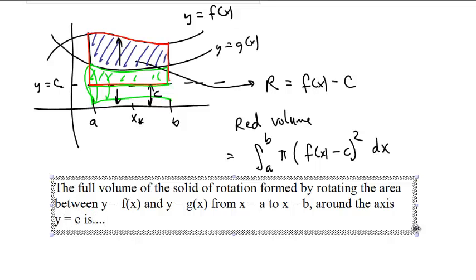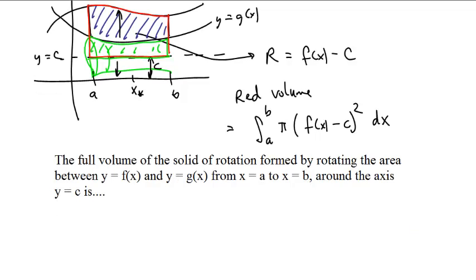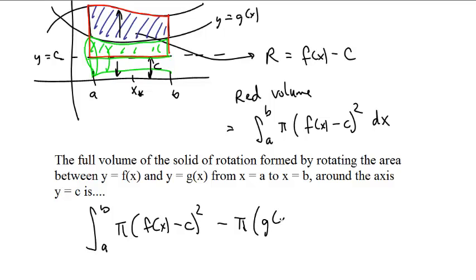is, would have taken me so much longer to write that, the integral from a to b of pi f of x minus c squared minus pi g of x minus c squared dx.